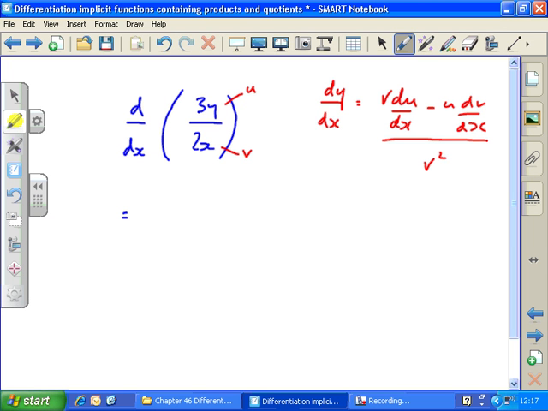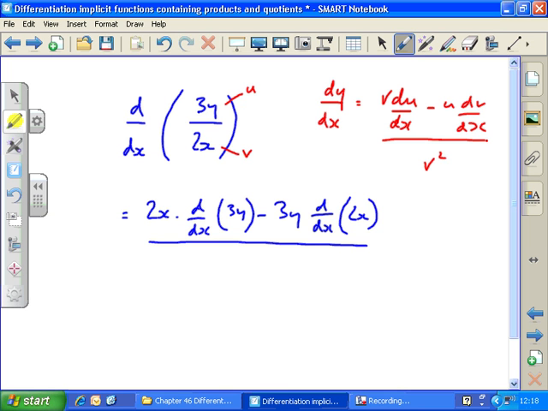So this will equal v, or the bottom part, times the differential of the top part with respect to x, minus the top part times the differential of the bottom part, which is 2x, all over the bottom part, all squared.